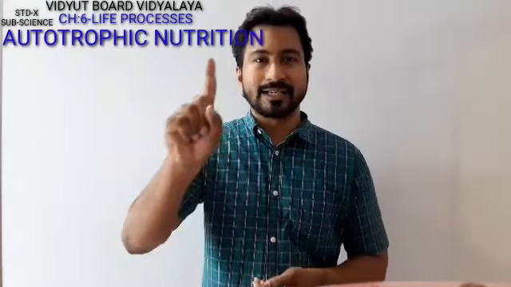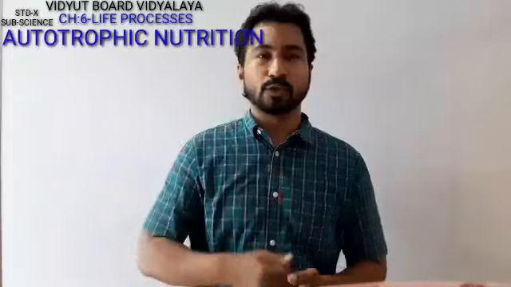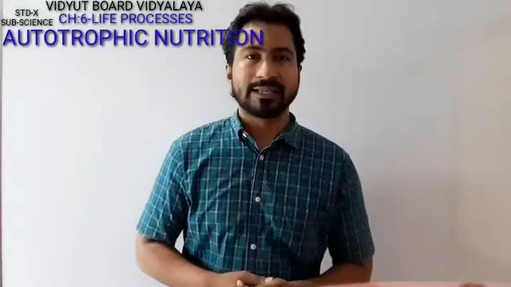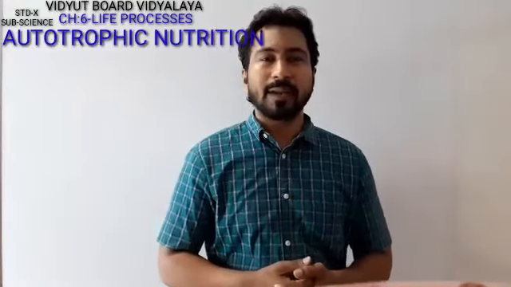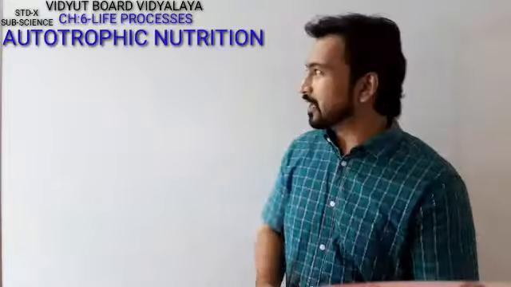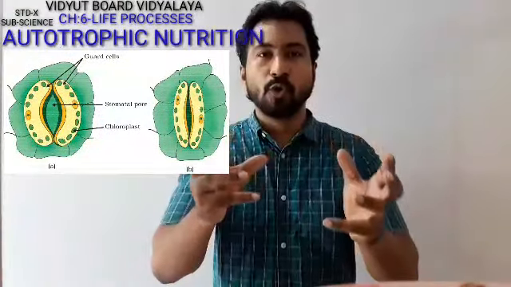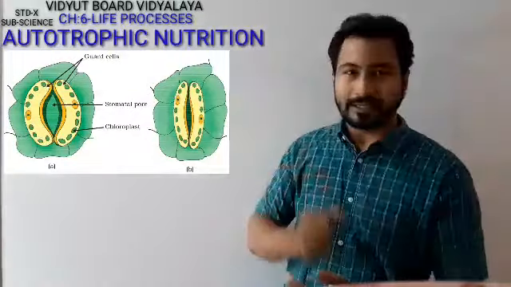Furthermore, how do plants obtain these four major things? That is the sunlight, water, the carbon dioxide and the chlorophyll content. Well, talking about the first one, that is the carbon dioxide. Mainly plants obtain the carbon dioxide from minute pores, minute holes, and these minute holes are known as the stomata.